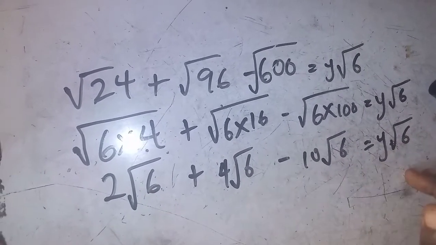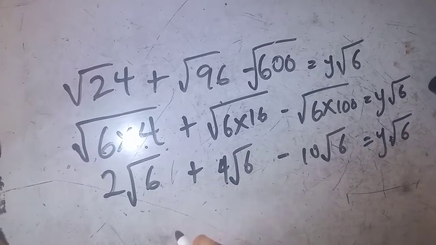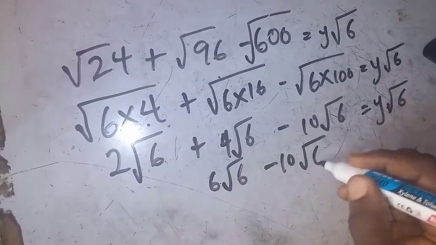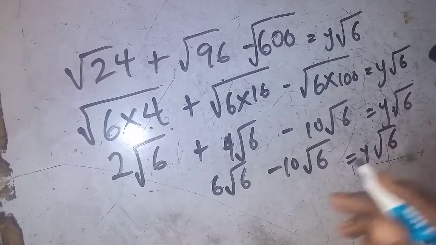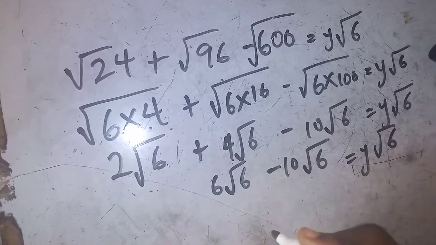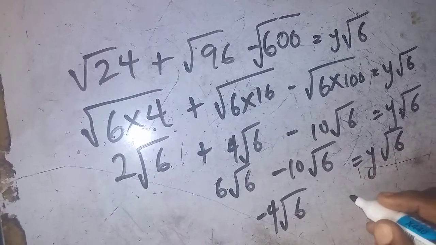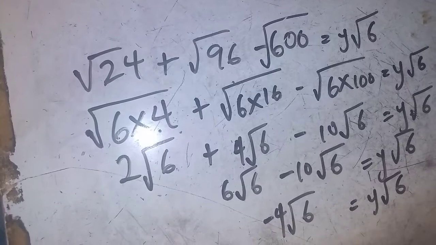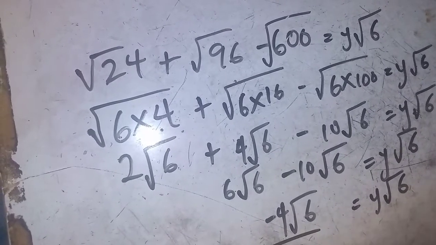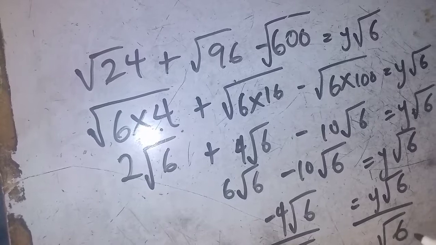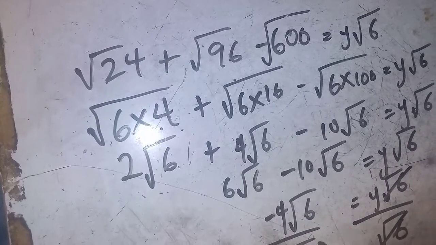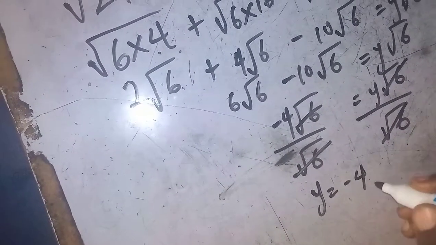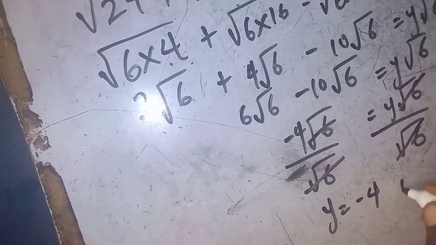So now they look alike, so we can start our evaluation. 2 root 6 plus 4 root 6, that is 6 root 6 minus 10 root 6 equals y root 6. 6 root 6 minus 10 root 6, that's minus 4 root 6 equals y root 6. Easy and direct. So now you can divide both sides by root 6 to make y stand alone. What will be left is y equals minus 4. Simple and steady, and that's option D.